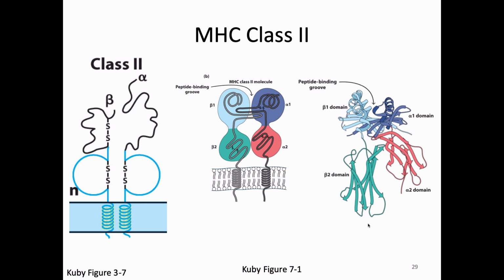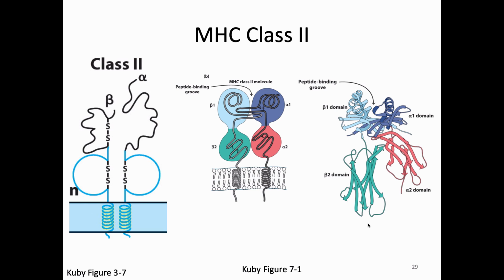They both have a domain, either the alpha 2 or the beta 2 domain, that is an immunoglobulin domain, as well as more unstructured domains at the top that come together and form the peptide binding groove. You can see that both the alpha chain and the beta chain have transmembrane domains. And so this differs from that structure we saw for Class I. If you look back at the genetics for Class II, you remember there were actually 2 genes for both of them. Those genes encode the alpha chain and the beta chain.